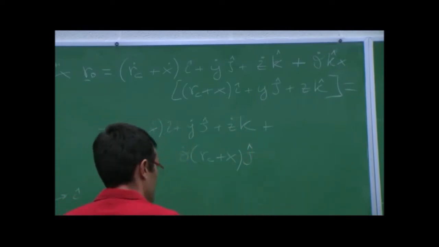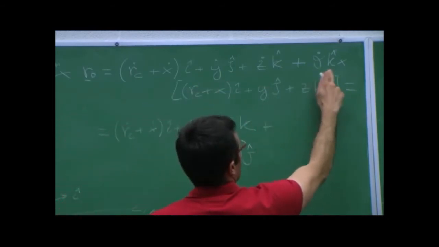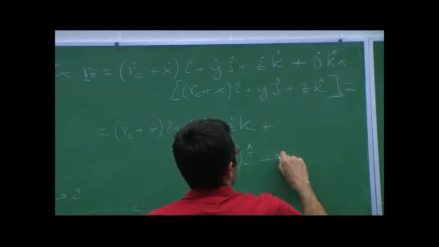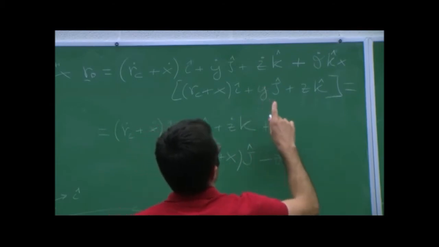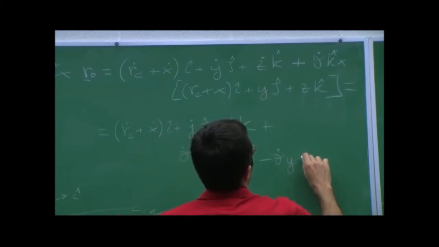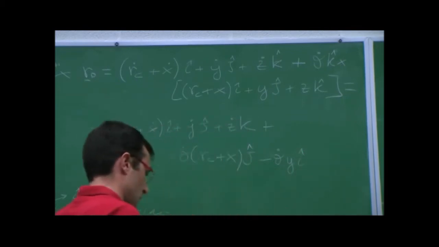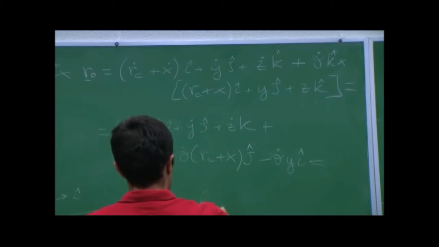All right. And then this vector, theta dot K with yJ, is minus theta dot y. Which direction? All right. So collect all these together. This is what you get in the three directions.